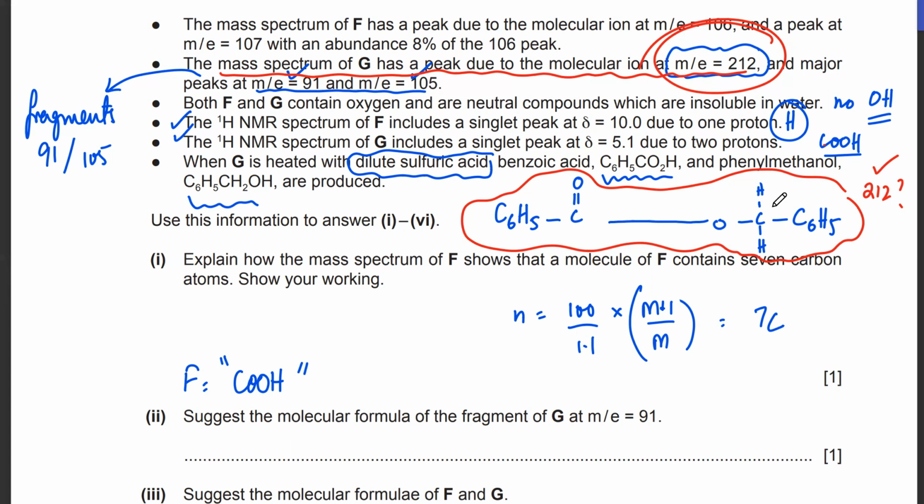That is 91. So this fragment must be it. This is exactly 91. So the formula of the fragment is C6H5 and CH2 positive.